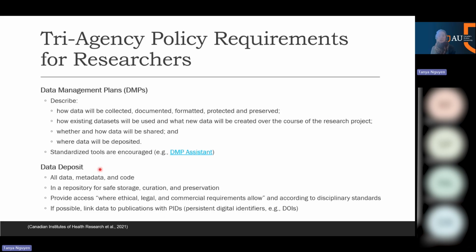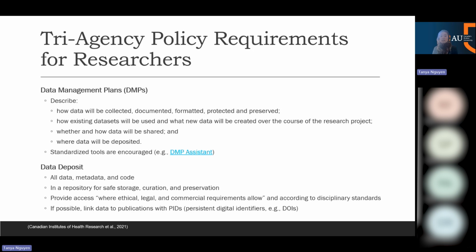A data deposit, on the other hand, is a requirement that all data, metadata, and code be placed in a repository for safe storage, curation, and preservation. So that's all the data and metadata and code leading to the publication. And the tri-agency policy is specific to thinking about research outputs at that publication context.